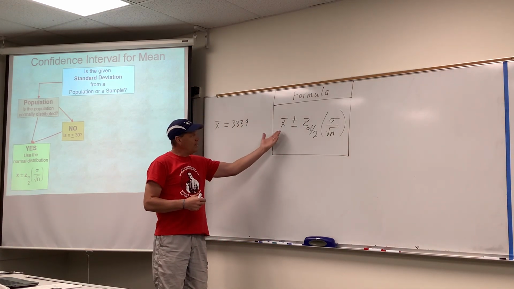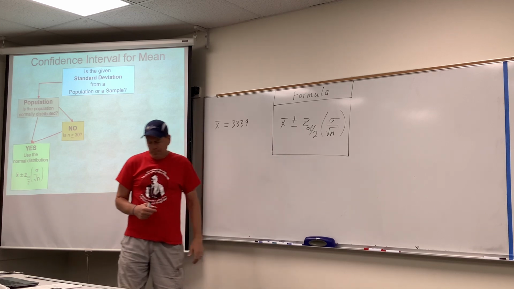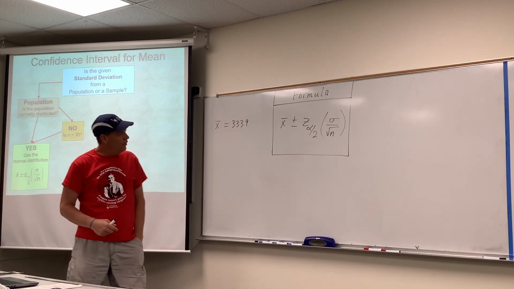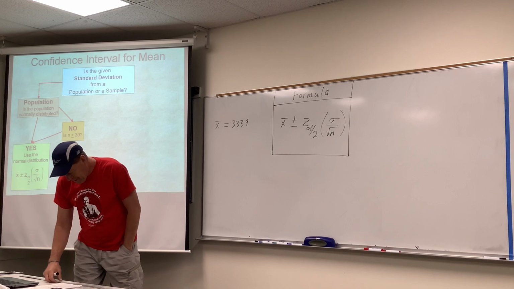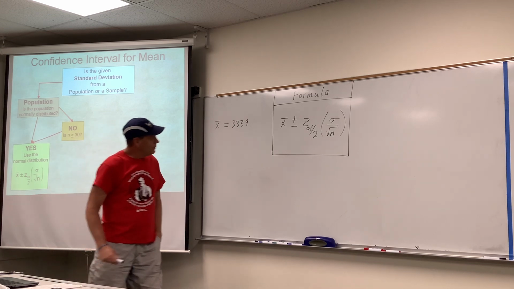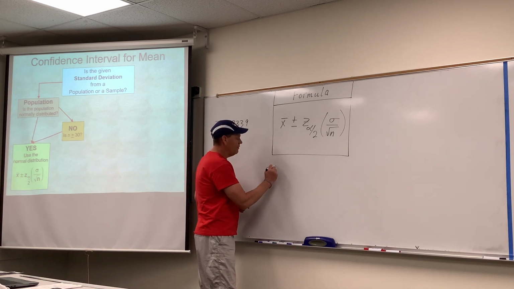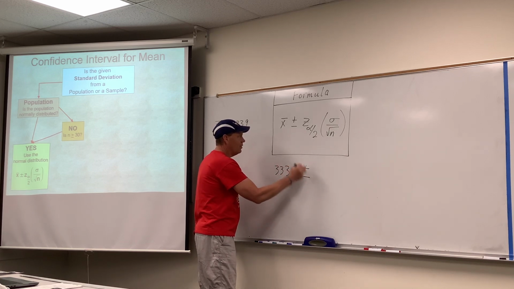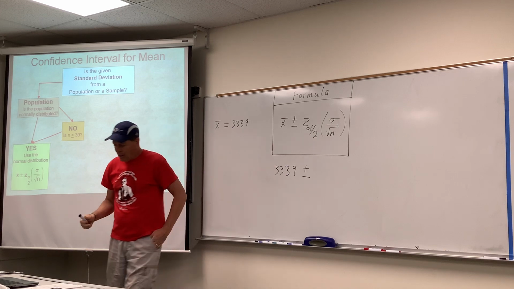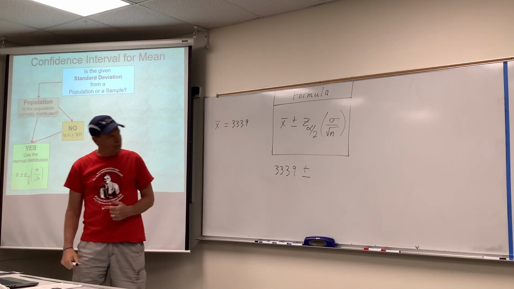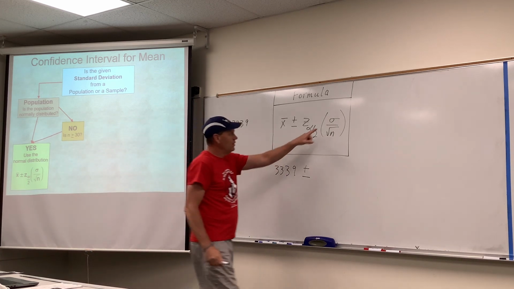Now it's important to understand what these symbols are. So we've already written down that X bar is 3,339, so that'll go right here. That was the mean of that sample. The average number of text messages sent by those 64 teenagers. All right. Sigma, I want to remind you, is the math symbol, this thing here.